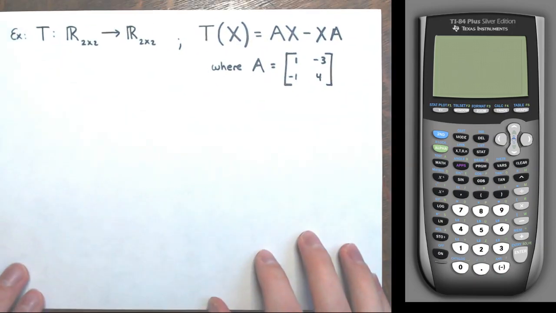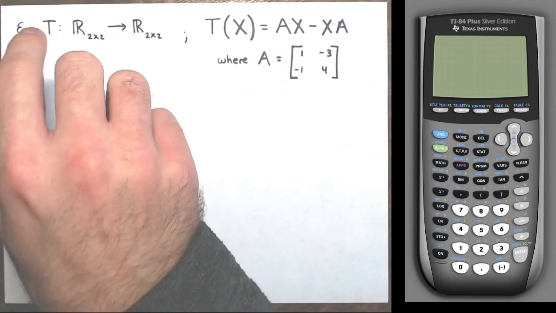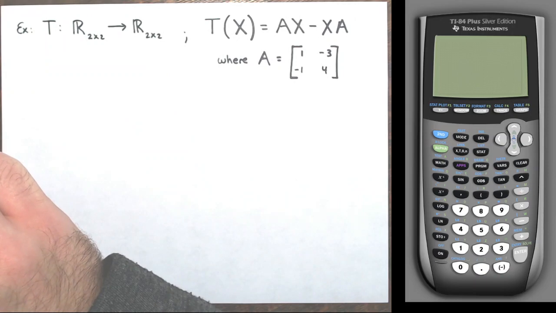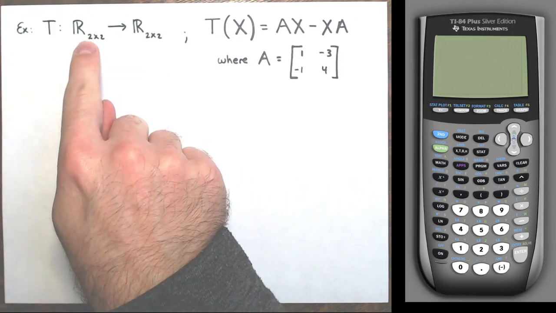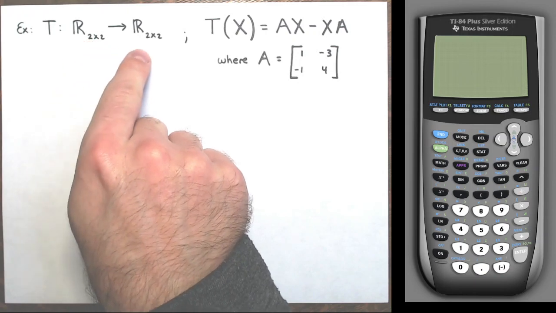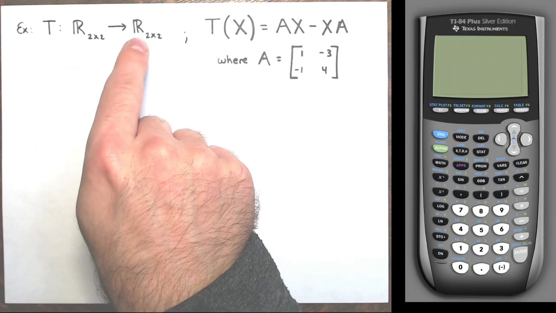I'm going to be doing the same thing, just we're going to deal with some non-Euclidean spaces. So here I have, again, a linear transformation from the set of 2x2 matrices with real entries to the vector space of 2x2 matrices with real entries. So from R2x2 to R2x2.